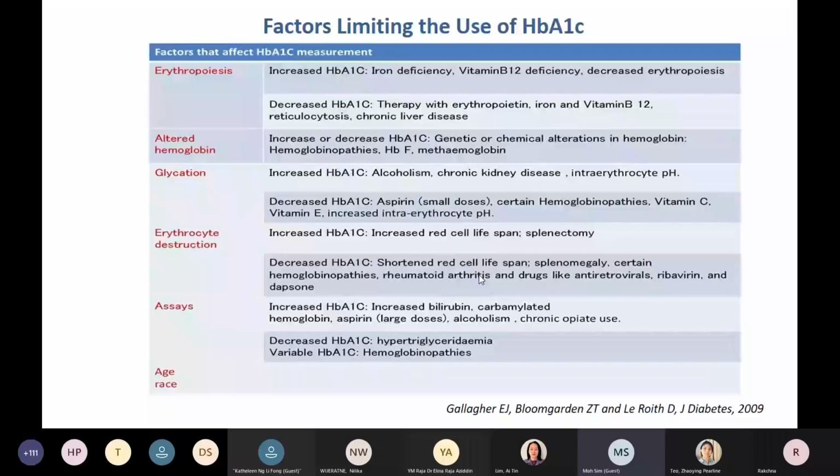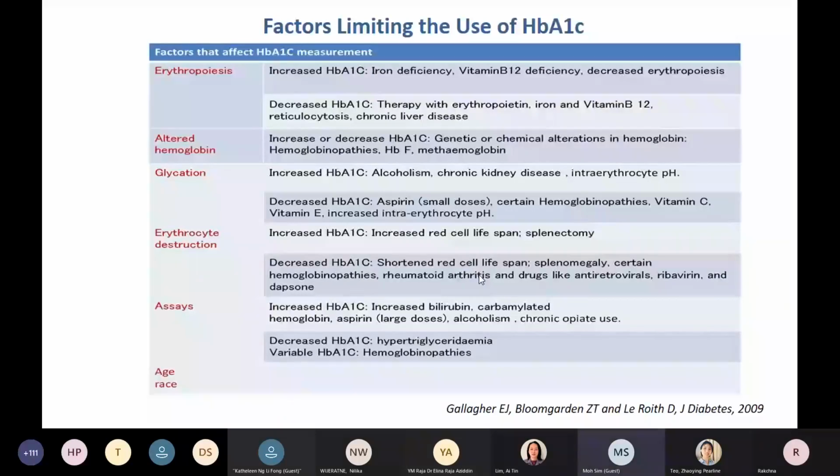These include splenomegaly, certain hemoglobinopathies, rheumatoid arthritis, and drugs like antiretrovirals, ribavirin, and dapsone. There are also assay interferences. Increased HbA1c values can be obtained in patients who have high bilirubin levels, or in patients with renal failure where there is a high proportion of carbamylated hemoglobin.